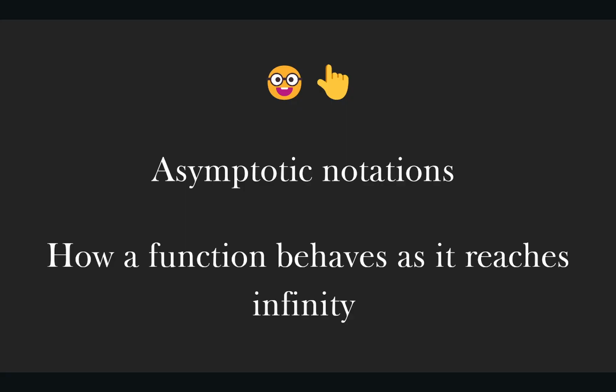So that's what these notations do. They give us a rough estimation of a function's behavior. Something we have to keep in mind is that these three notations are used to analyze functions. They aren't necessarily used to analyze algorithms. They are used to analyze functions, and mainly when a function is reaching towards infinity.